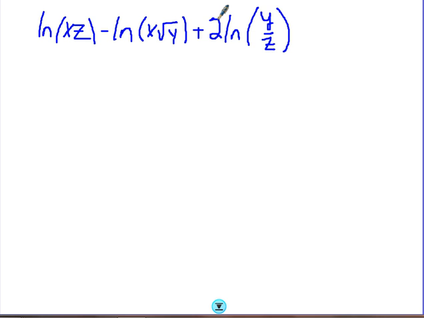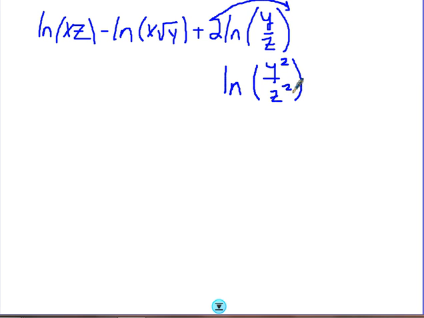Now, the first thing I usually do in a condense logarithm is take your multipliers out in front of your logs, or in this case your natural log, and put it back as an exponent, because we do have a property that says that those are equivalent. Now, when you do an exponent to a fraction, we have an exponent property that says you're allowed to distribute that power of 2 to both the numerator and denominator.